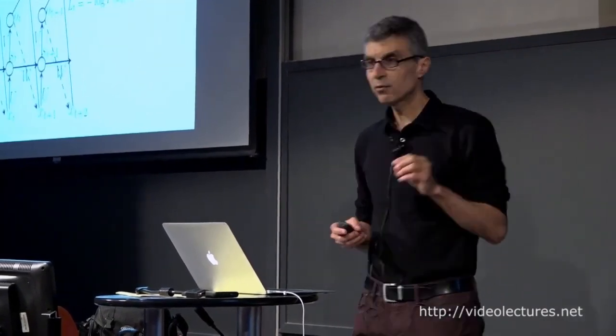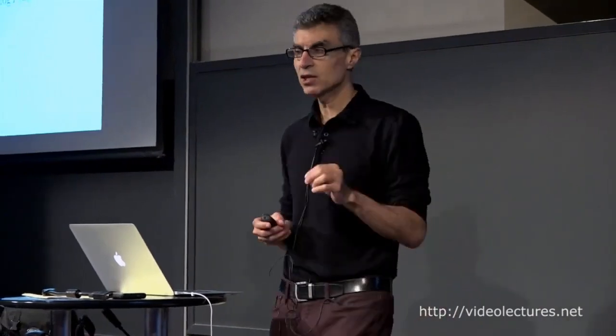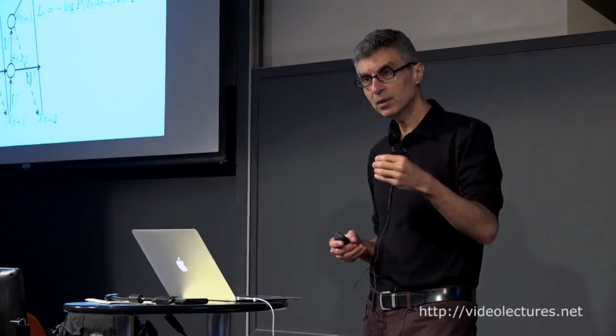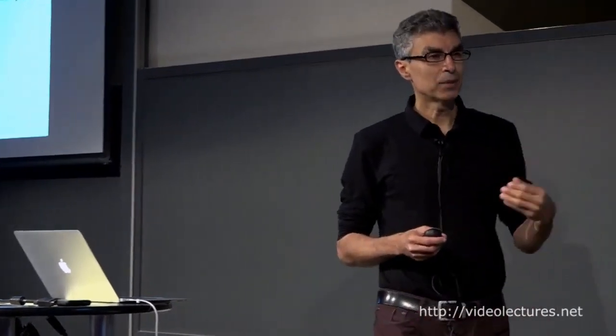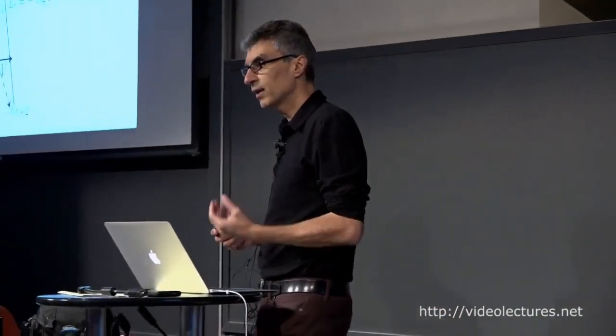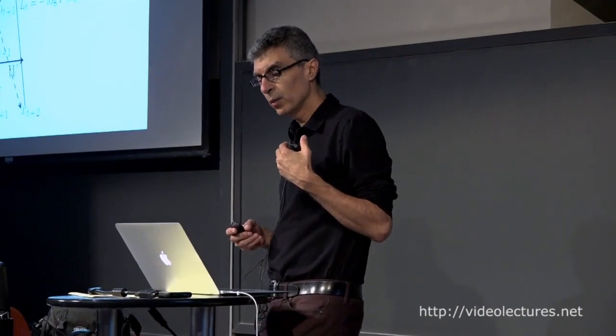Now, there's something really, really important in many applications about recurrent nets, which is that we can use their output as an input for the next time step. And when we start thinking about this, we can use recurrent nets as what we call auto-associative generative models.